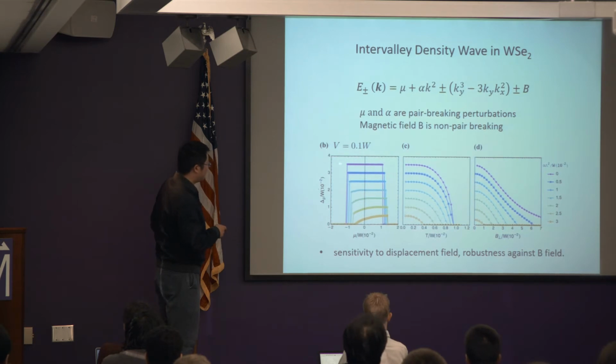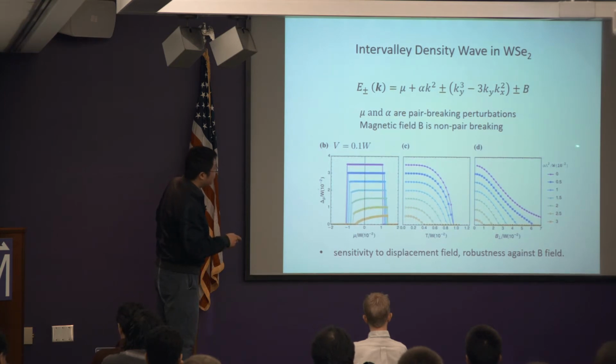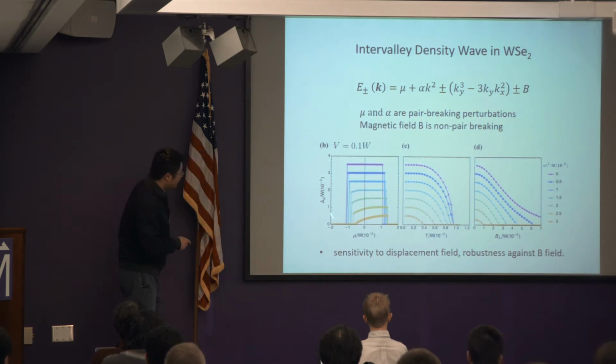At small alpha, there's a first order transition. You can see this alpha perturbation, as well as the chemical potential mu. The different colors represent different alpha. One thing you notice is that this exciton insulating state is very fragile against displacement field.